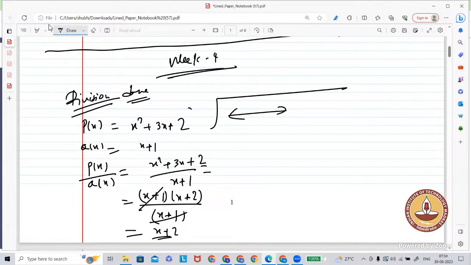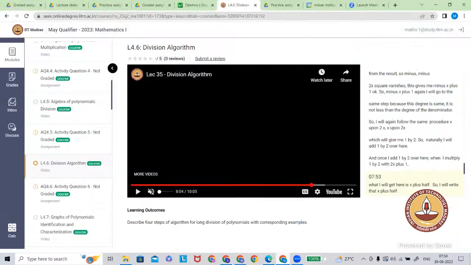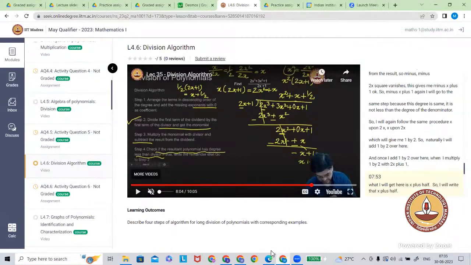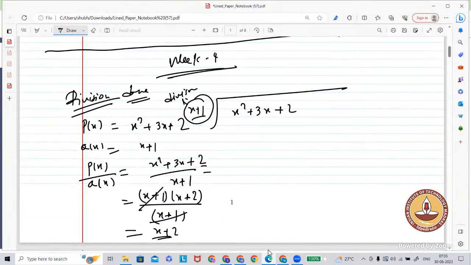So either you can go with this one. This portion you can say is called the divisor, and whatever you are dividing, which is x square plus 3x plus 2, is called the dividend.